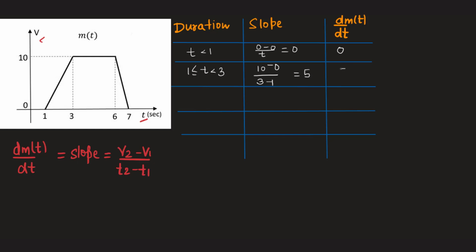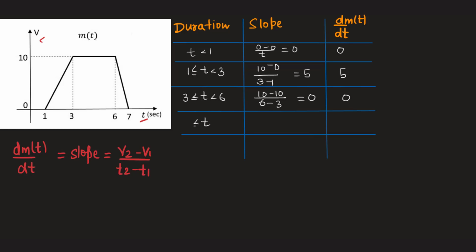Corresponding derivative value is 5. For t between 3 to 6, the slope value is (10 minus 10) by (6 minus 3), which is equal to 0. Corresponding derivative value is 0.